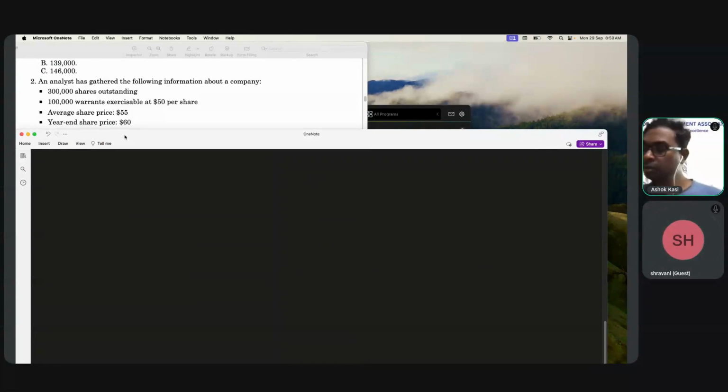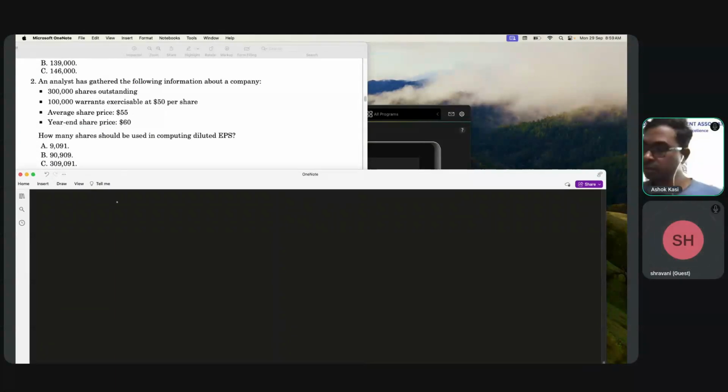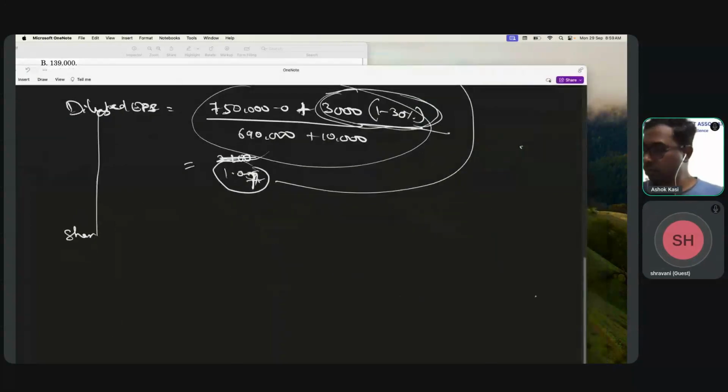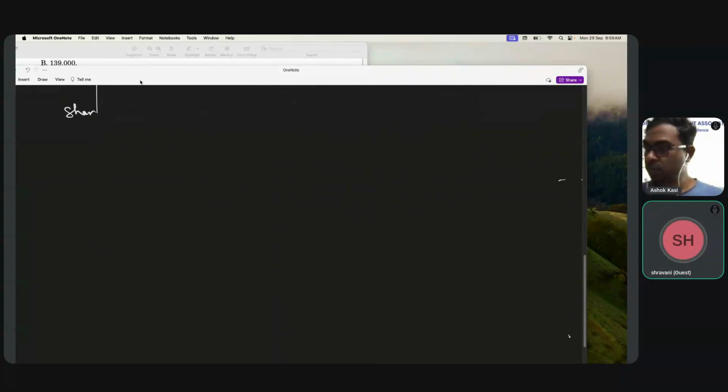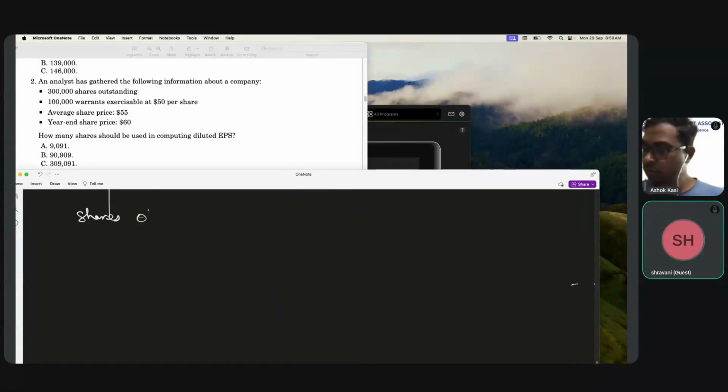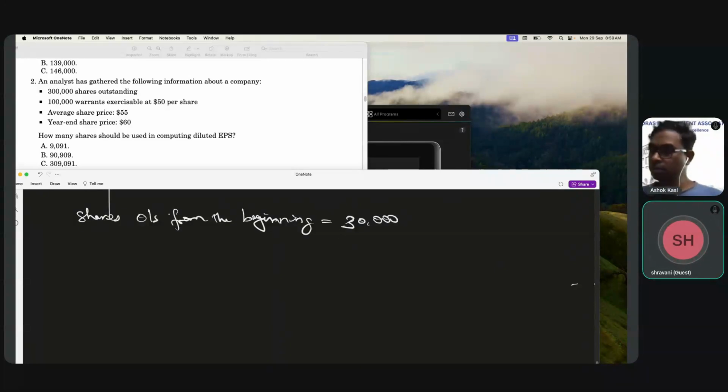So 30,000 shares outstanding, and 1 lakh warrants exercisable at 50 per share.